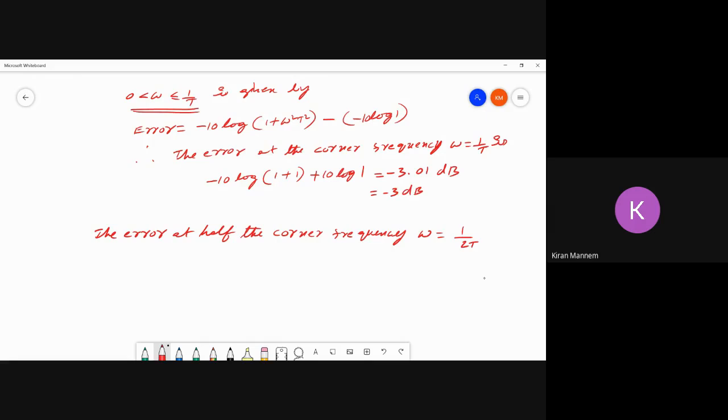Again, your error would be minus 10 log of 1 plus, what's the value at omega equal to 1 by 2t? It will be 1 by 4, plus 10 log 1. Can you calculate this value?